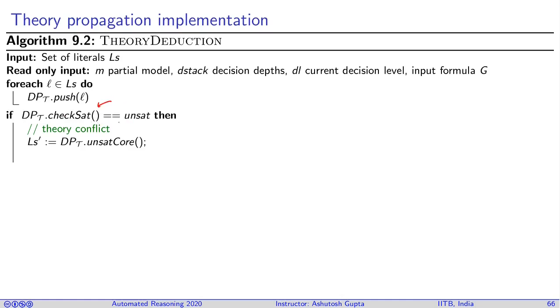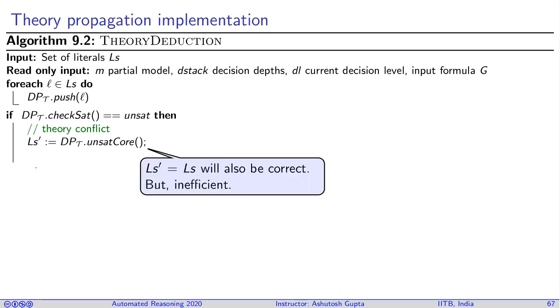If it is unsatisfiable, then it goes here and tries to get the unsat core. The unsat core is a subset of ls such that we know these literals cannot be made true at the same time, and at least one of them should be made false in future assignments at the Boolean level. However, if our unsat core returned the whole of ls instead of a subset, it's fine. It will be a correct answer, but it will be inefficient. The smaller the set is, the better the outcome.